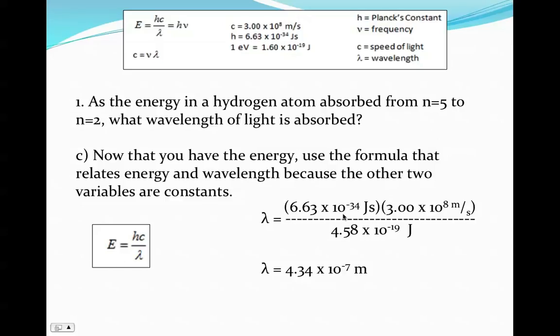I've rearranged the variables here by cross-multiplying and then dividing by E. So my energy is going in the denominator. And then I can get my wavelength, and the unit is meters. So again, once I find the energies, I can simply find the part of the formula that relates my two variables. Because I wanted to know my wavelength, I was able to use energy to get to wavelength. And again, this was from rearranging the formula.